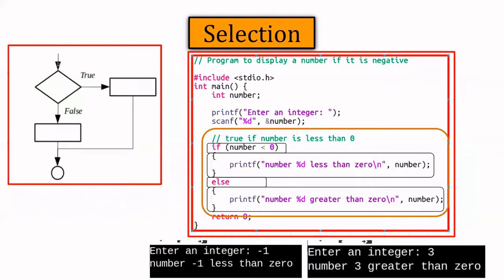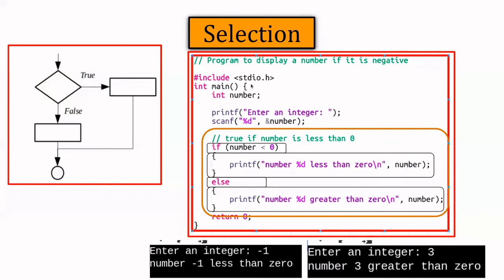This symbol indicates that we check some condition, and if it is true, it goes to this process, or if it is not correct, it goes to this process and processes the other program.